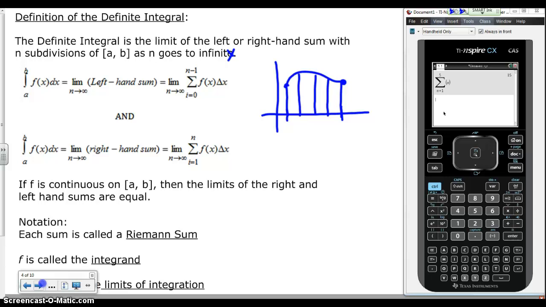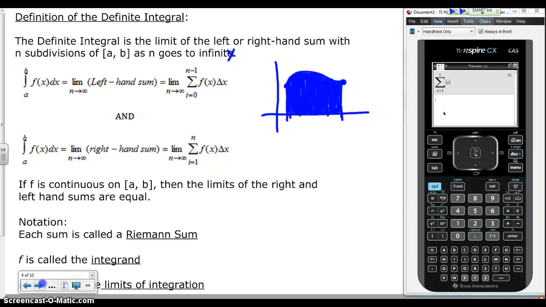If n is going to infinity, I'm going to get more and more rectangles. So n going to infinity means I'm going to get an infinite number of rectangles. And if I use an infinite number of rectangles, eventually I'm going to use every bit of this area. There's not going to be any gaps between the rectangles and the curve. So by taking the limit to infinity, I'm finding the actual area under the curve, not just an approximation like the left and right-hand sum.